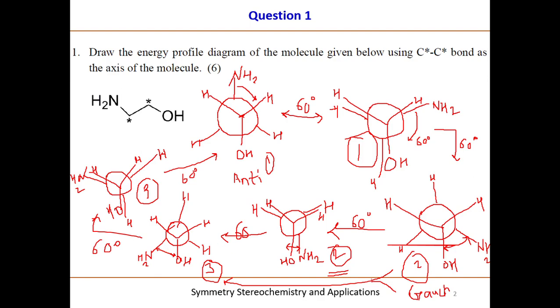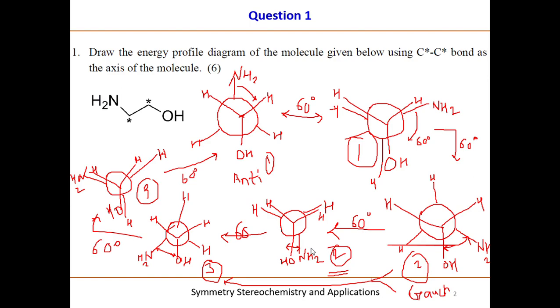Now we will see the third one. The third one is similar to the first one. So 1 and 3 have the same energy. The second one has the highest energy. And if we talk about the staggered ones, then one has low energy, and 2 and 3 have the same energy.